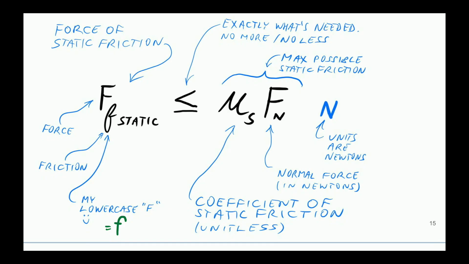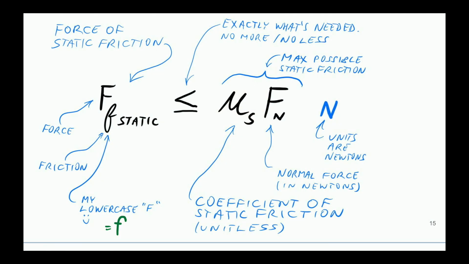Let's dissect the equation. The force of static friction is less than or equal to mu static times the normal force. Okay, the less than or equal to often throws people. It's helpful to remember that there is a maximum possible force of static friction, and then conceptually different, there's some force of static friction in a given situation.